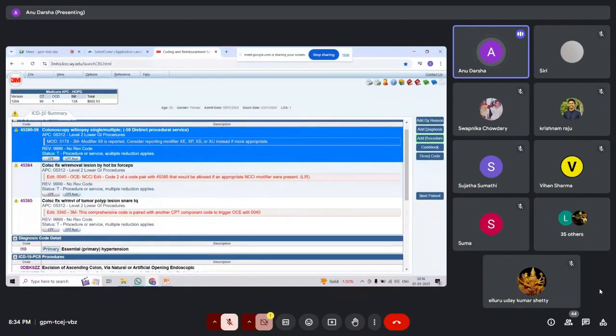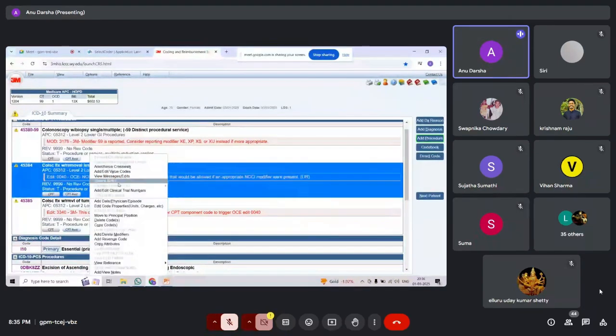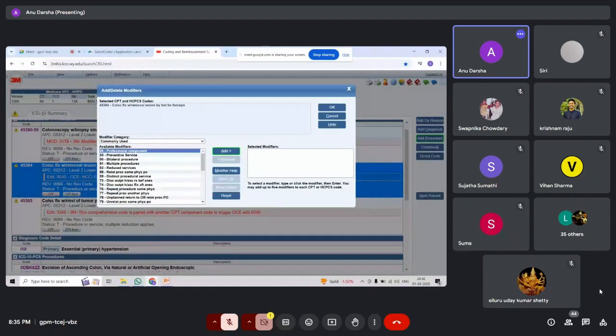So now you are appending 59 modifier to this. Okay, and if you see hot biopsy forceps, it is showing that it is bundled in 45385. So for this also you will have to add your modifier.